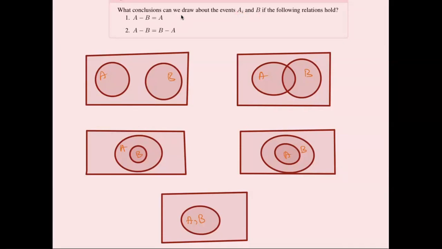And there are only a few possibilities that can describe the relationship of the two sets. The first one is the two sets are disjoint, so they don't have any overlap. Second is they do overlap, but how do they overlap? This one is like they overlap at some part, but then there's another part that they don't share in common. Next one is B is completely a subset of A, or A is completely a subset of B, or A is equal to B.